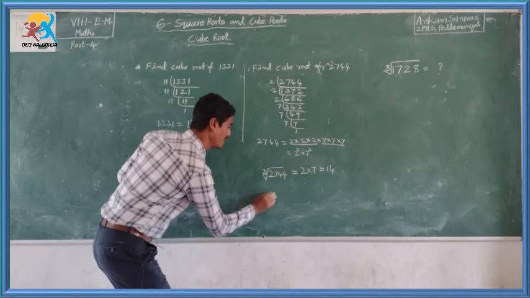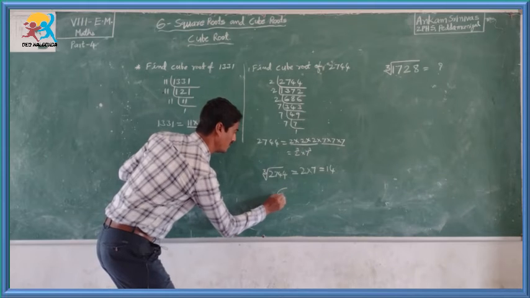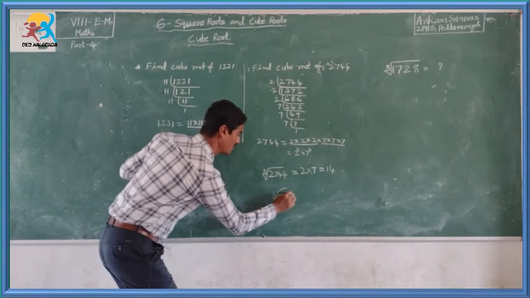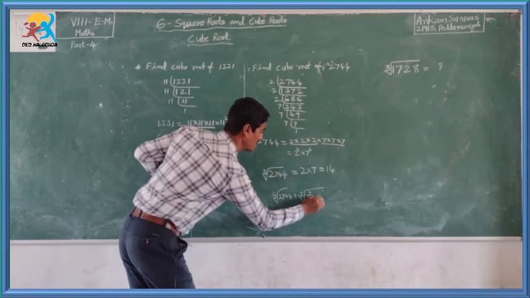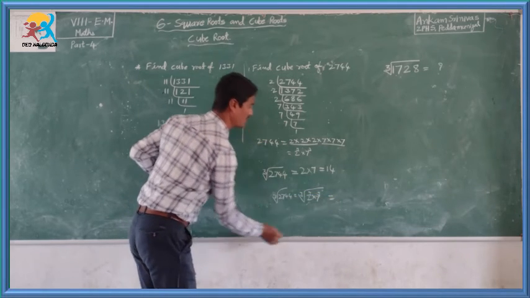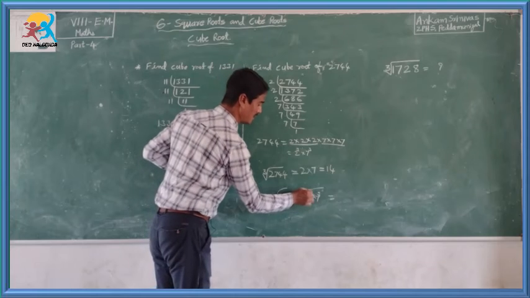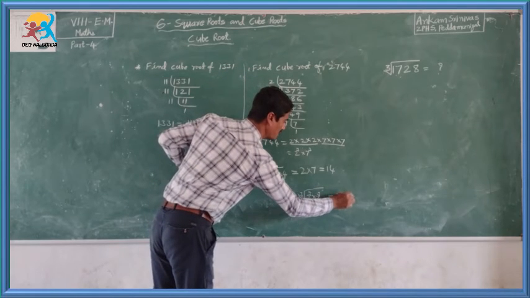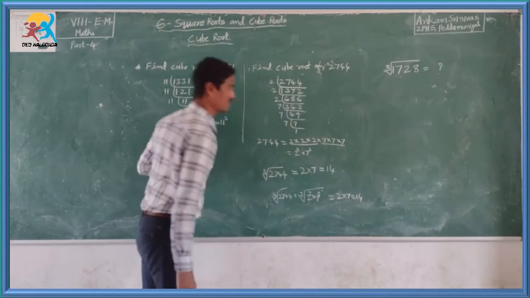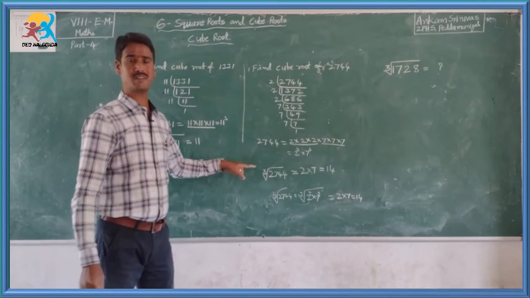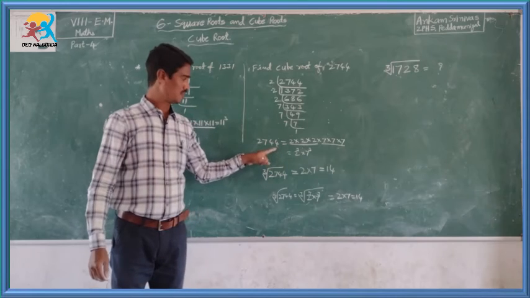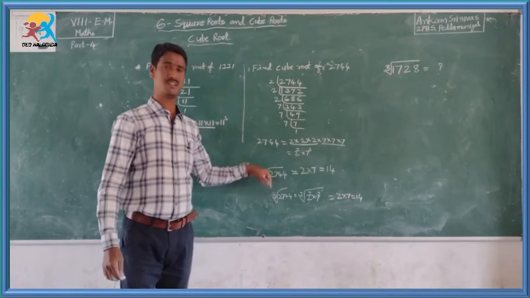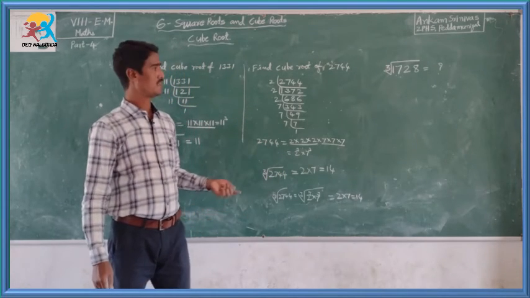Otherwise, you can take the cube root of 2744 equal to the cube root of 2 power 3 into 7 power 3. So the cube root will be cancelled. Here 2 into 7 equals 14. So whichever method you feel is easy, you have to follow that method only.